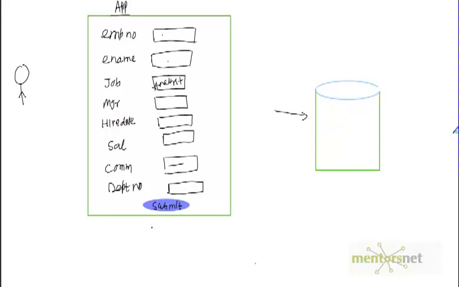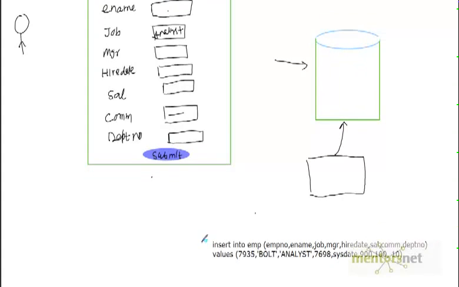If he's a little bit smart, he can open up SQL Plus or SQL Developer or any other client by which he can connect to this database, and he can run an insert statement like this where the commission column is 100.